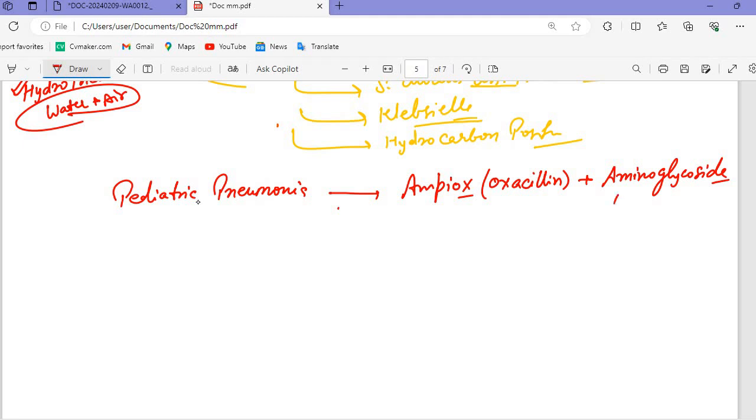So what drugs can we give? We can give gentamicin, oxacillin, or if no oxacillin, we can also give amoxicillin. I hope this is clear, everyone.